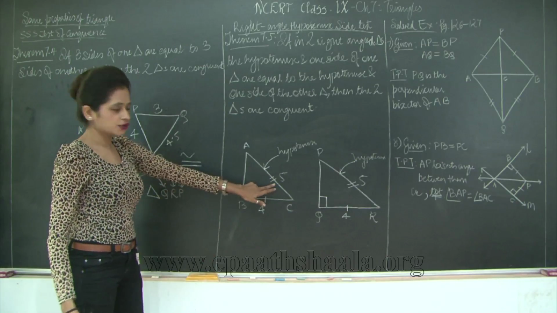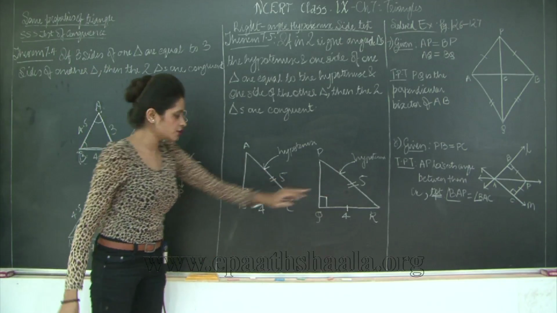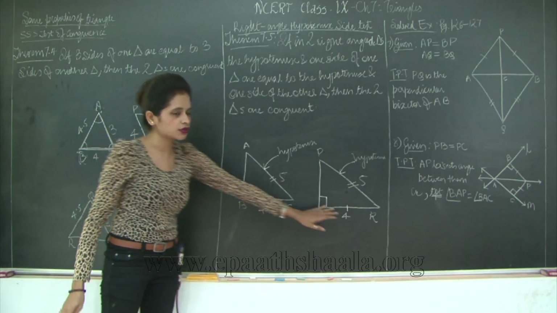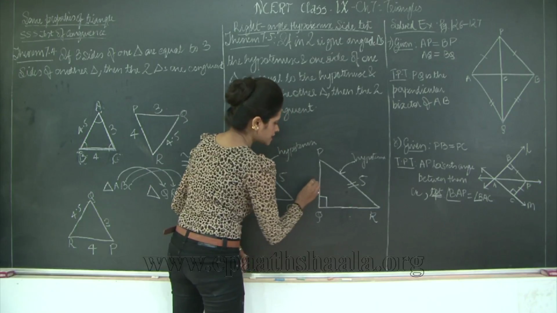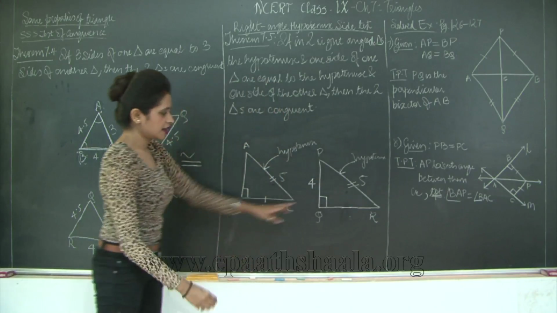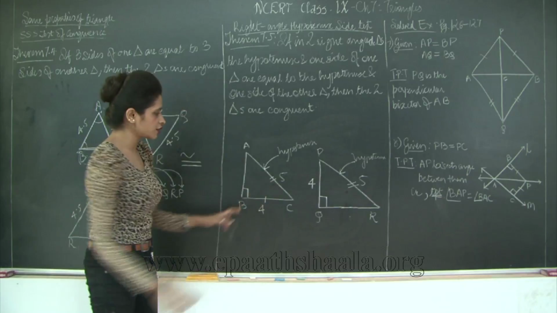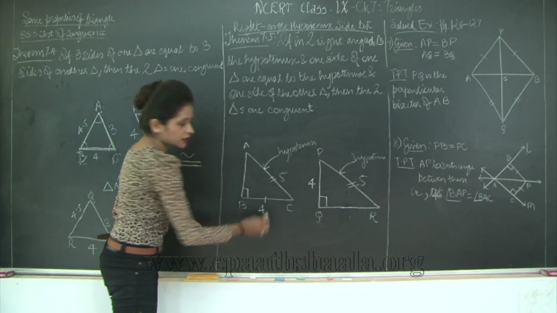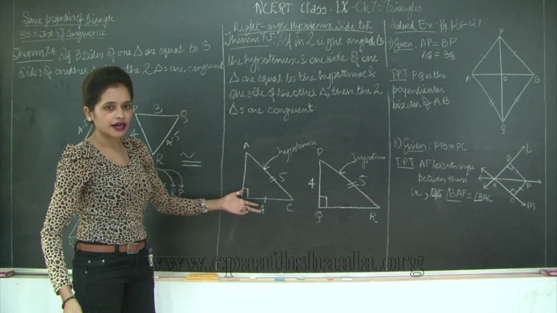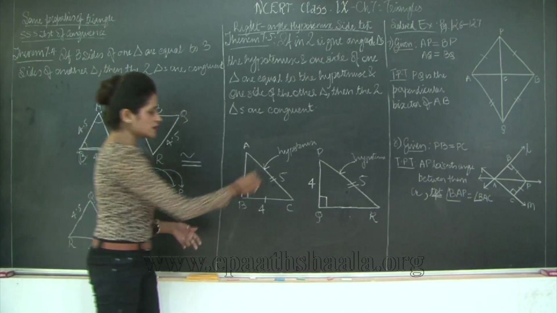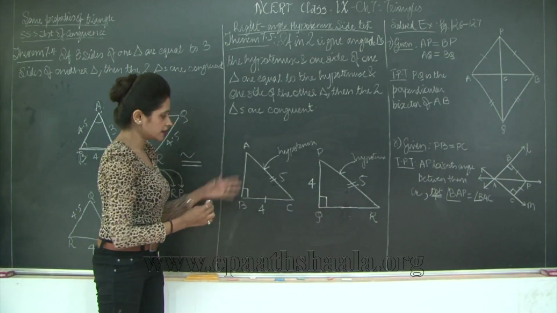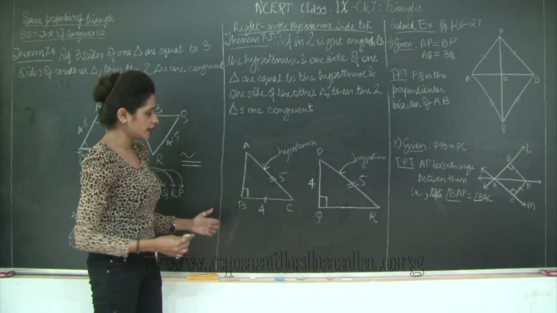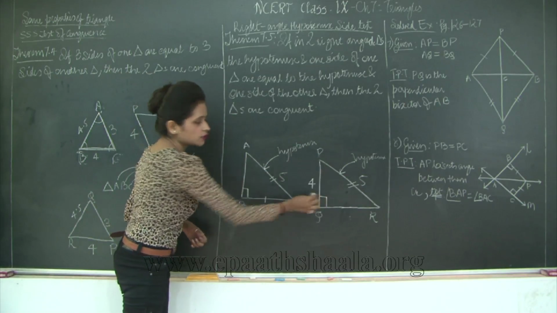So one hypotenuse should be equal to the other hypotenuse and any one side should be equal to another side. So even if I had, let's say, this as 4 units and this was 5 units, we have the hypotenuse equal and I have one side equal to another side. Can we say that the two triangles are congruent? Yes, of course, because these two hypotenuses are equal to each other, for triangle ABC and triangle PQR, and any one side is equal to another side.